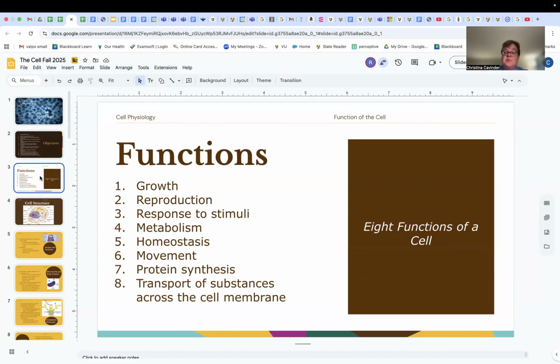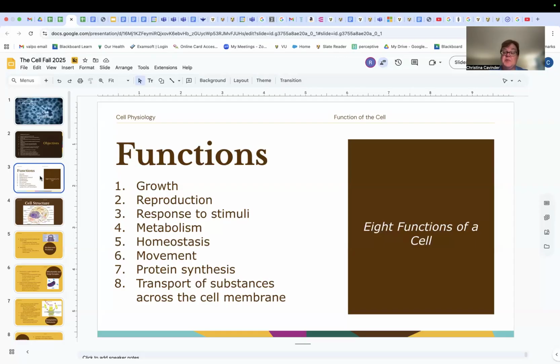Reproduction, so that would be the cells that are your gametes, so that you can reproduce another human being. Response to stimuli. Many of the cells respond to any kind of particular stimuli. Metabolism, which we'll go over in just a minute. We'll go over that more even later.